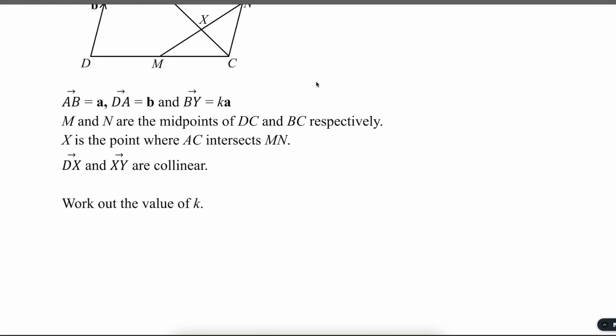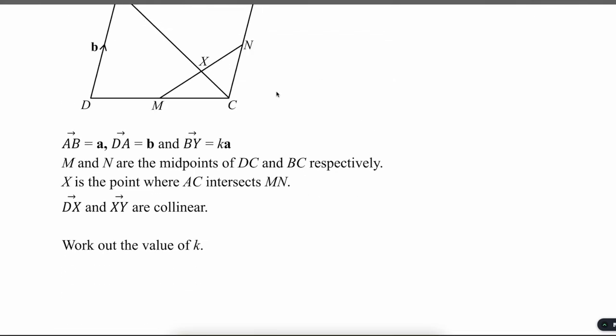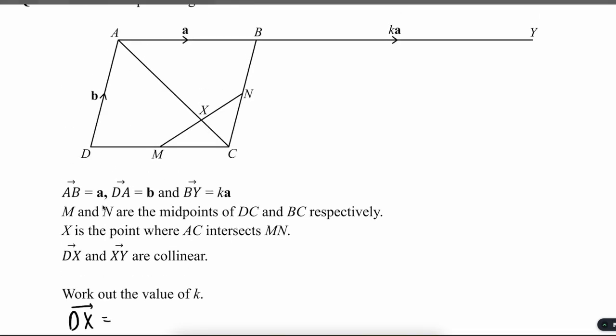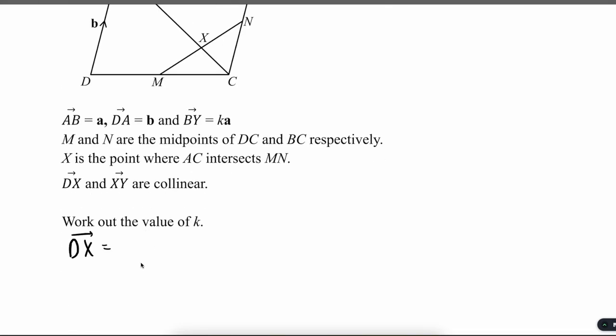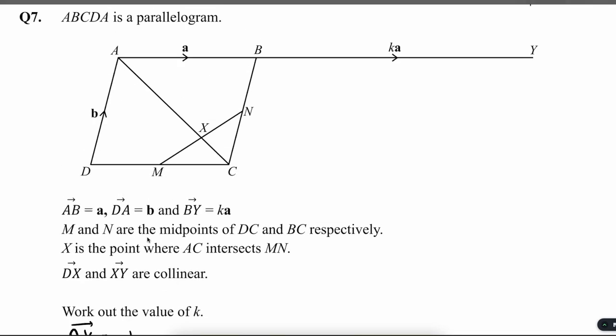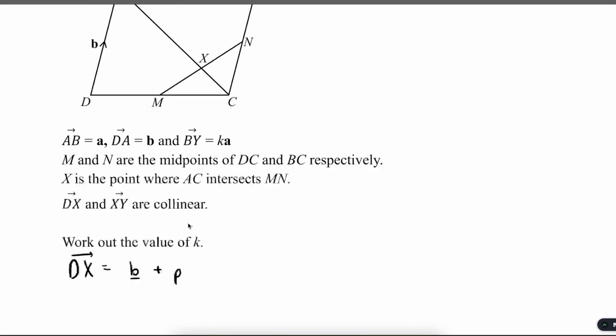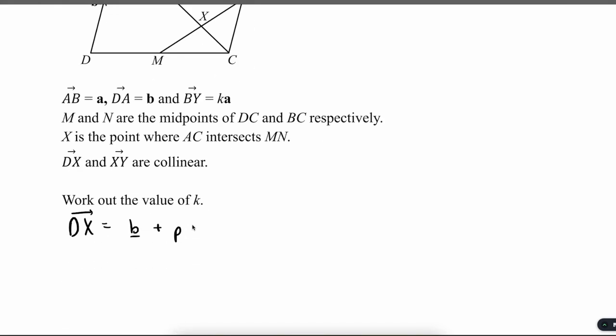So let's do that. So to find DX, first we're going to do DA. So DX equals DA, which is b, plus AX. Now AX, we'll call it p lots of AC.